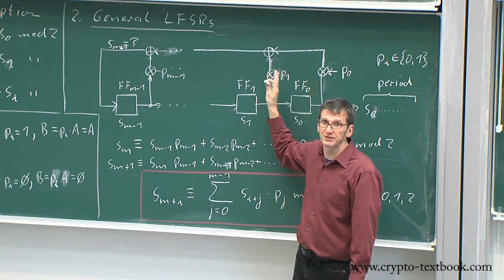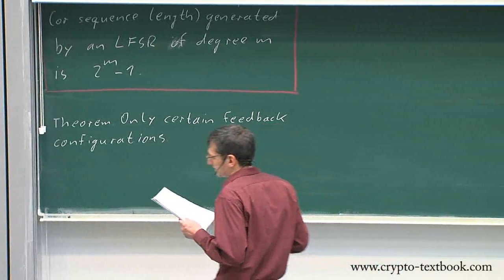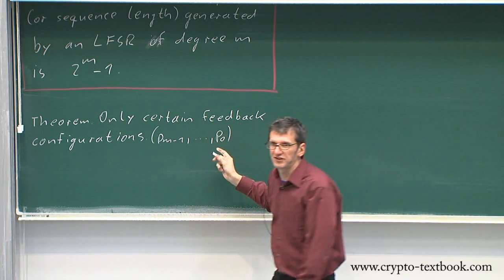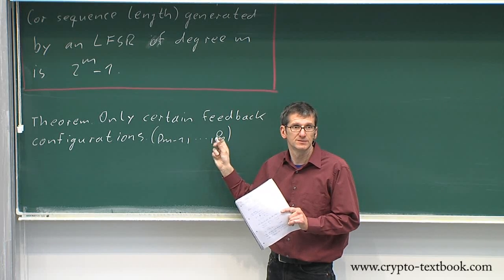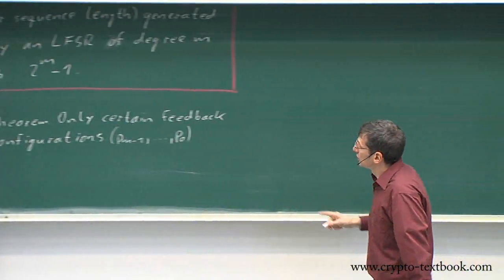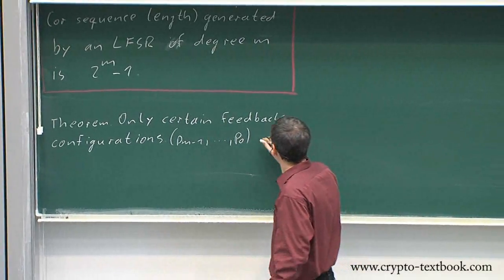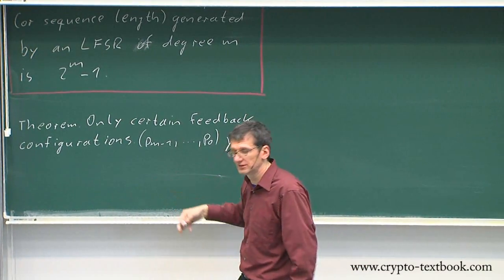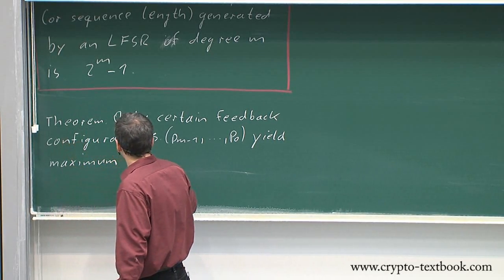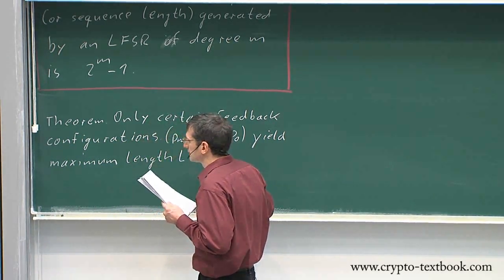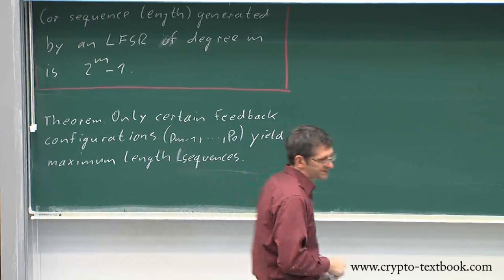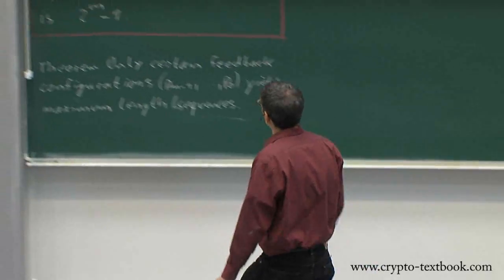So only a certain set of PIs, depending on how the PIs are chosen, only certain feedback configurations, and the feedback configuration is the set of p-values, right? P0, P1, so this is a bit vector, right? Remember, this is a bit vector. So only certain configurations geben uns maximum length sequences. Punkt. Okay. You probably have no idea what I'm talking about, but I'm going to give you an example now.